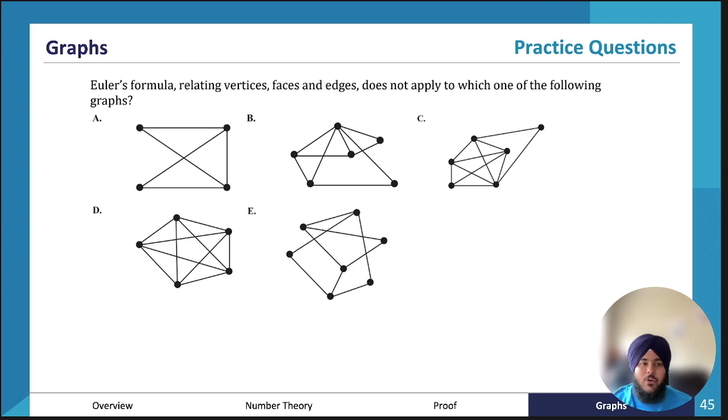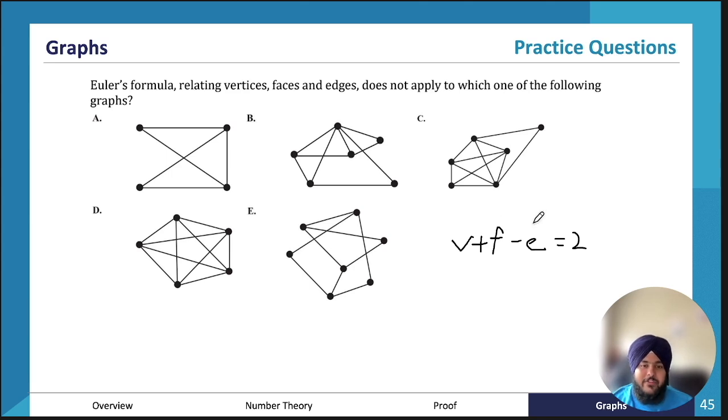But if we know it is a planar graph, we can also use it to find the missing number of vertices, faces, or edges. So just quickly recalling, it was vertices plus faces minus edges equals 2. That's basically Euler's formula.